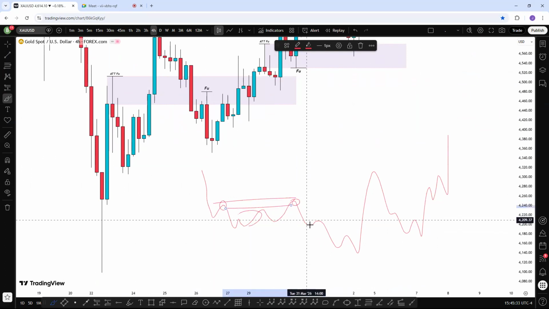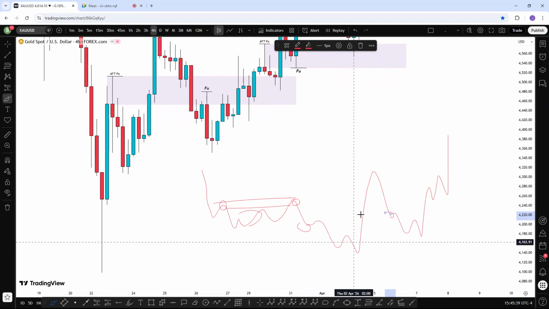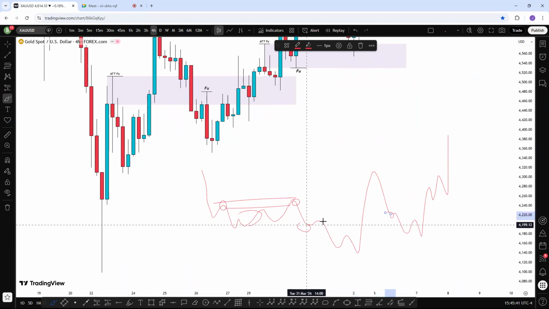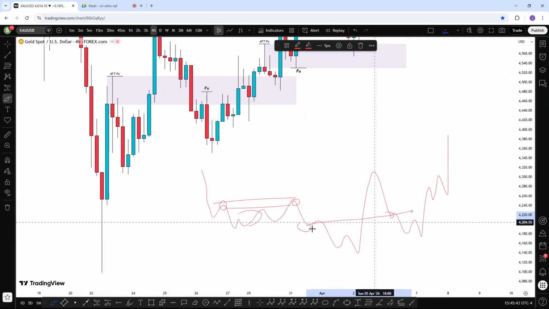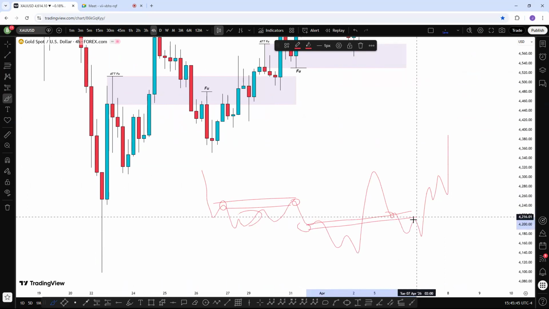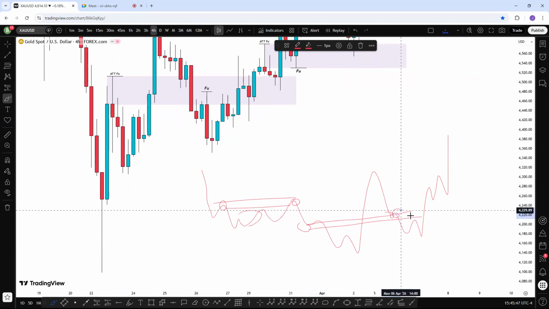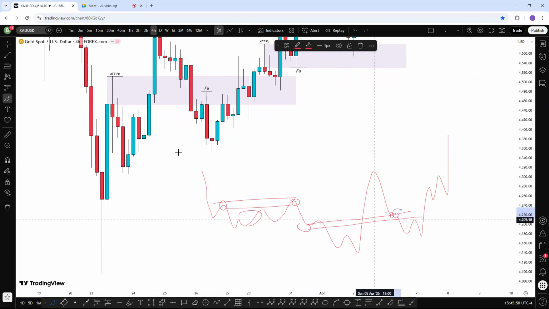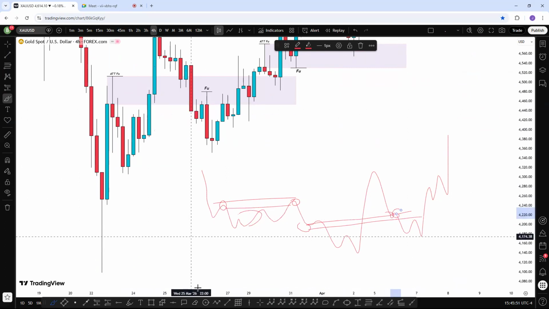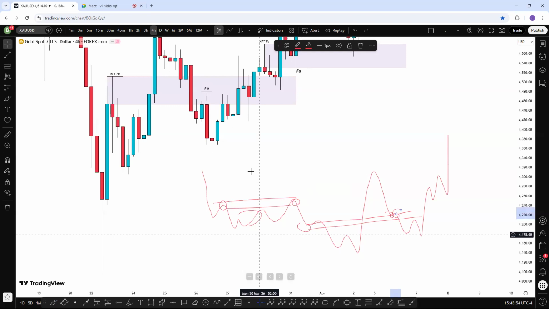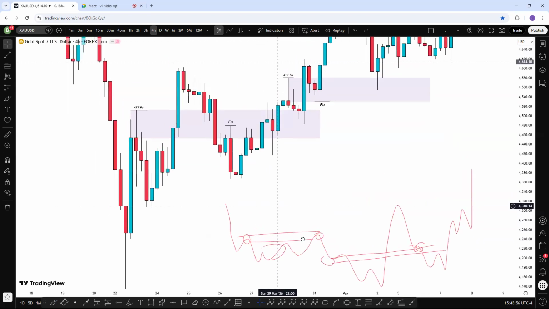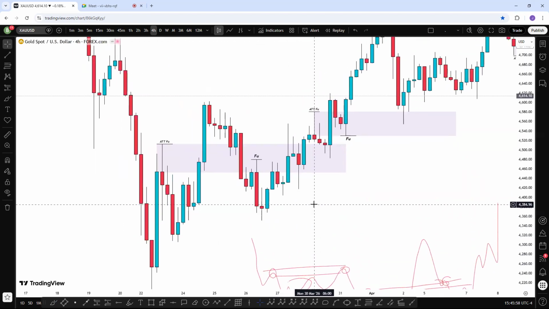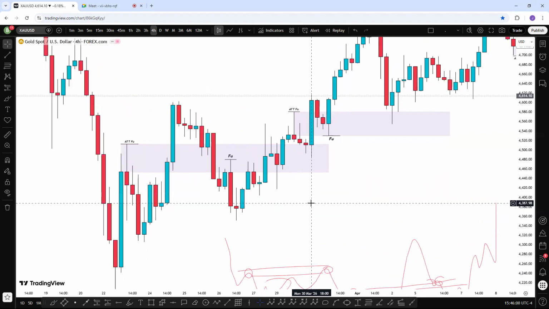Even if you have a bigger chart somewhere here, as long as you see one has tested another and a new manipulation creates the same zone, that's what we call HS. This is what we are doing here. We are trying to study this pattern as of now. I have seen your questions.